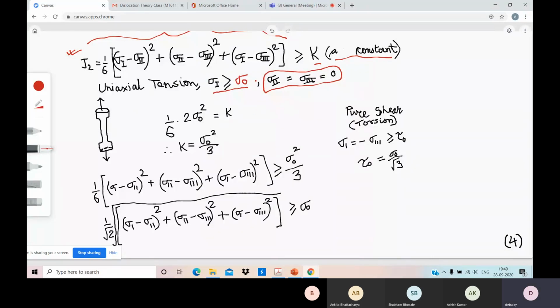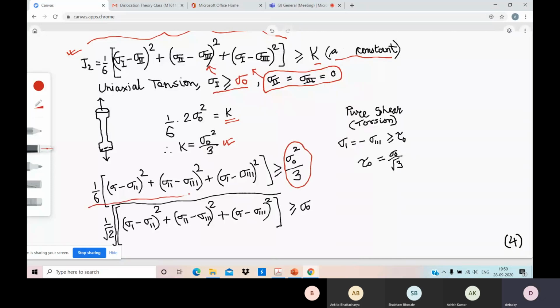Apply this in this expression. You will get the value of K. And what is the value of K you will get? K equal to sigma naught square by 3. So in place of K, write that sigma naught square by 3. What expression will you get?